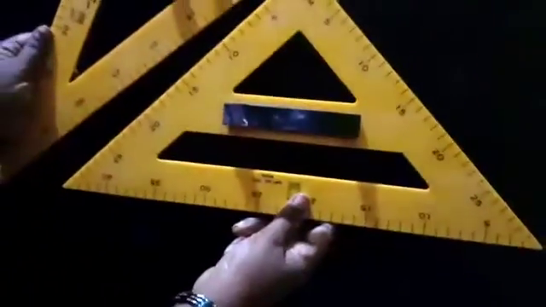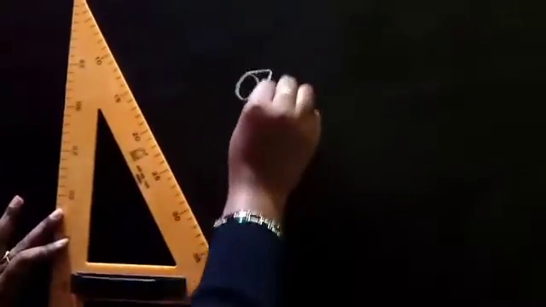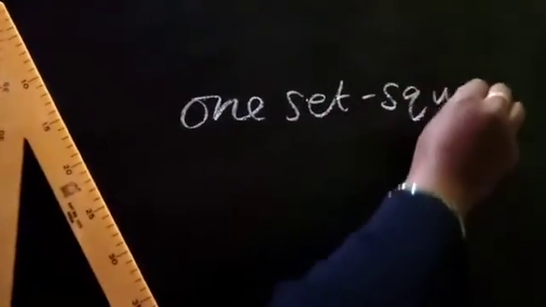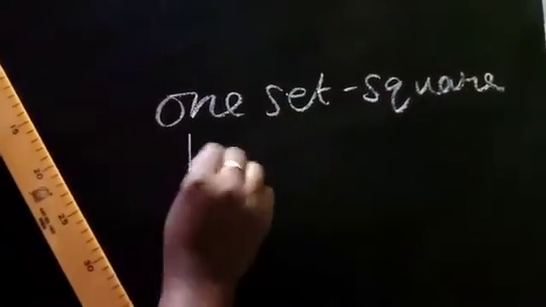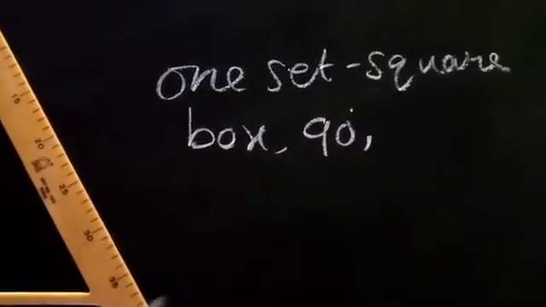So this angle we will measure now. This will be 90 degrees, for this set square, one angle is 90 degrees.